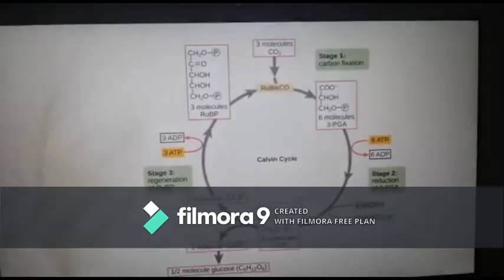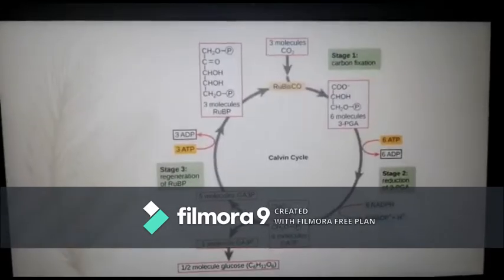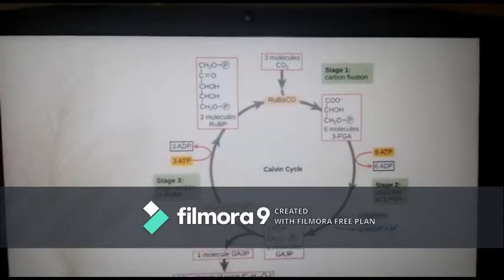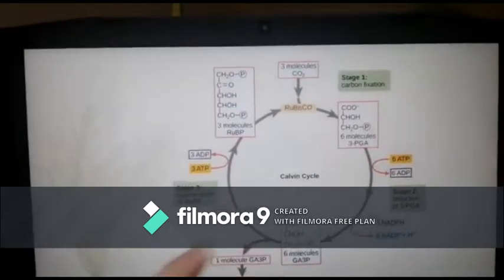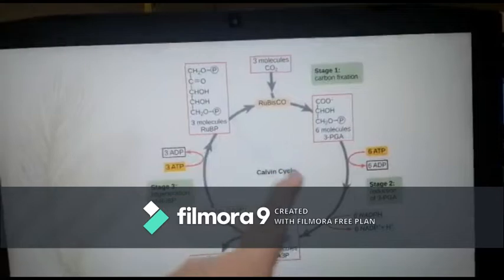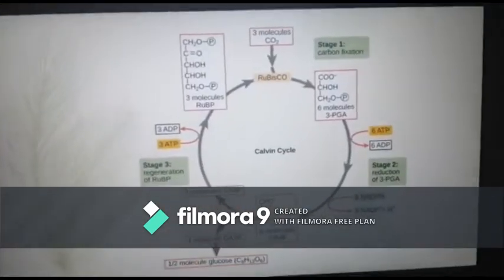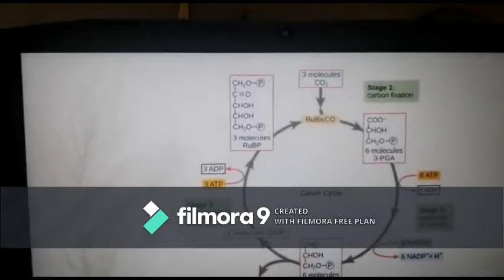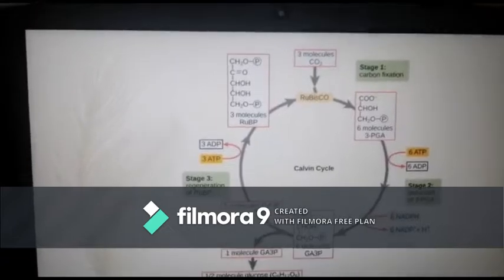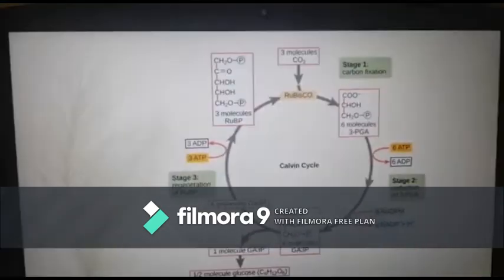So first, fixation, like what I said, is the first step or stage in the Calvin cycle, which is here. In the stroma, in addition to the carbon dioxide, two other components are present to initiate the light-independent reaction.